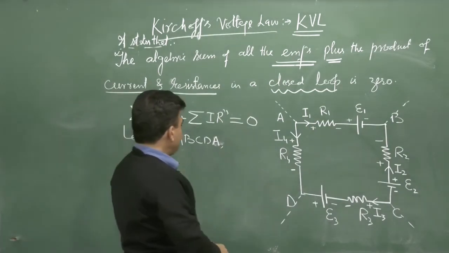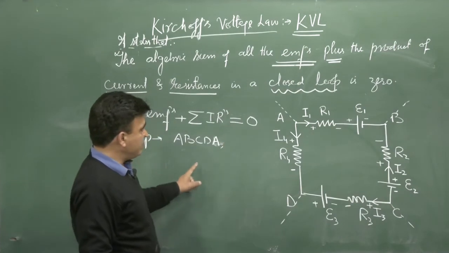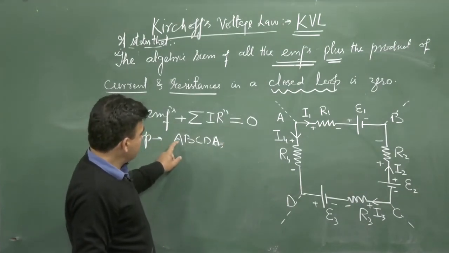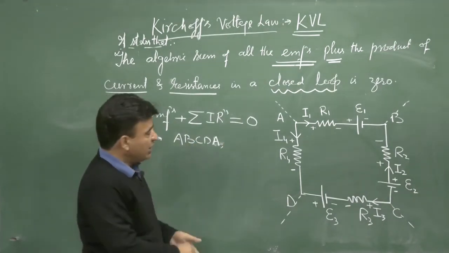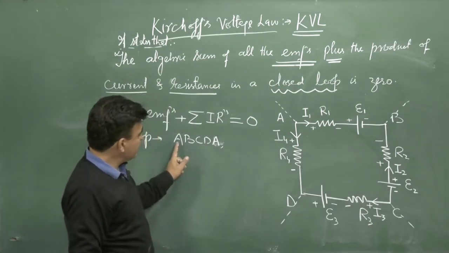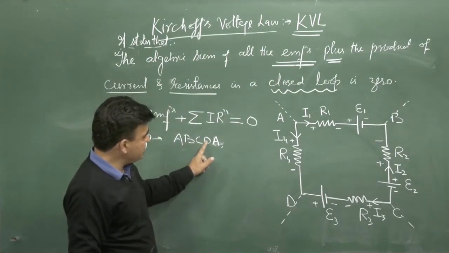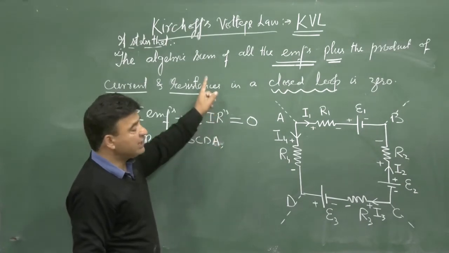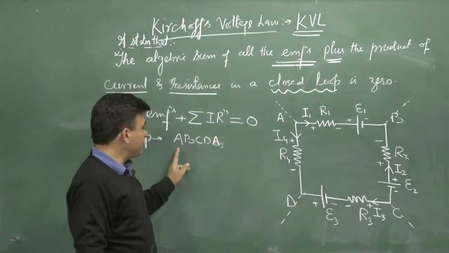Now while applying KVL to the loop A, B, C, D, A, you have to follow the same pattern. You have to move from A to B, B to C, C to D, D to A. Remember this, it is very important.